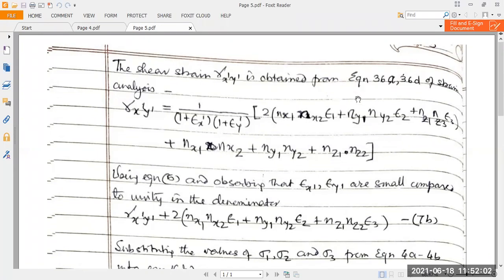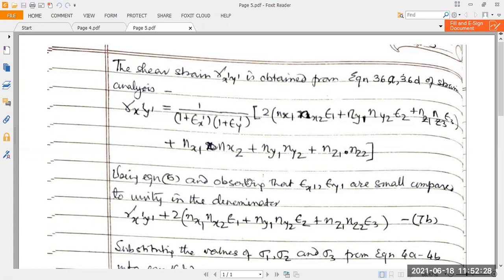The change of the angle, which is the shear strain itself, is given by the definition gamma x dash y dash equals 1 plus epsilon x dash, 1 plus epsilon y dash, times the expression in nx1 nx2 epsilon 1, ny1 ny2 epsilon 2, nz1 nz2 epsilon 3, and so on.